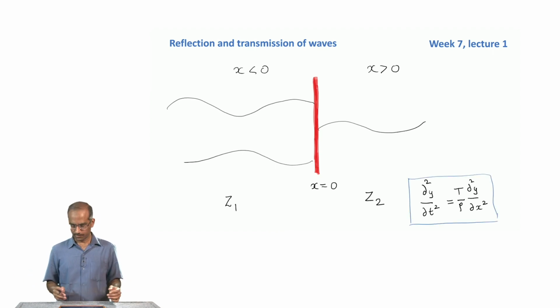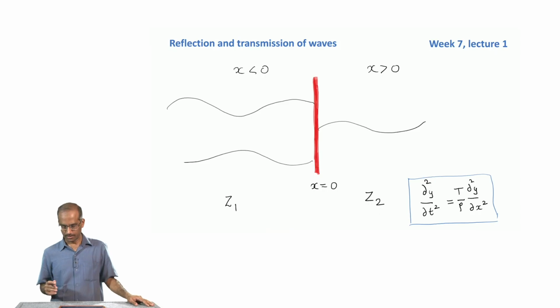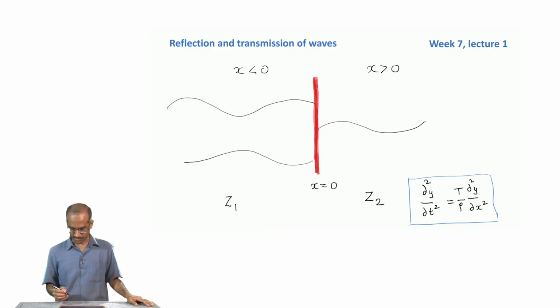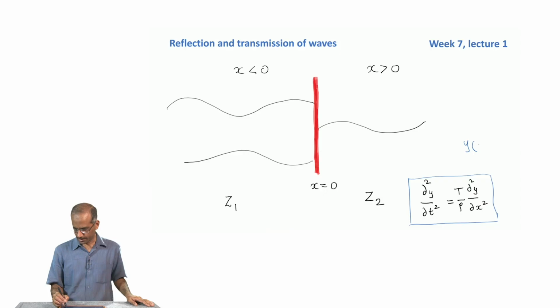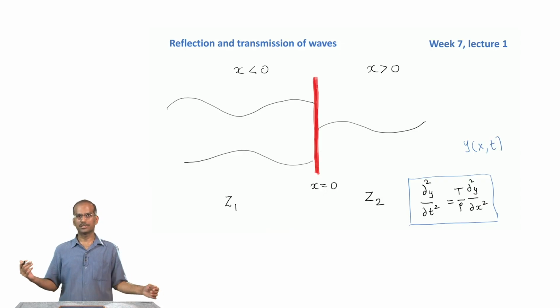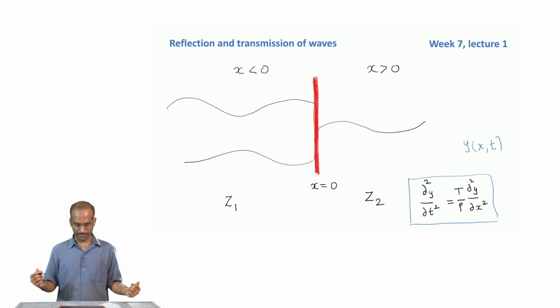We will continue to work with this wave equation and the solutions of these wave equations, which are simply y as a function of position and time. Now, the additional complication is that we are going from one kind of medium to another kind of medium.